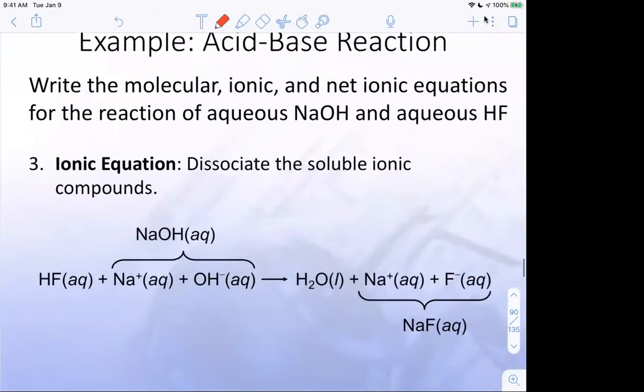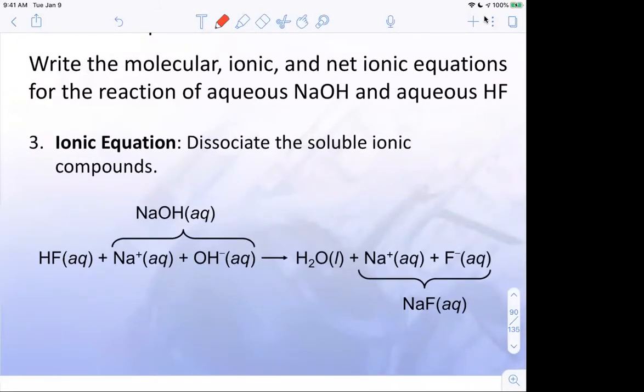Here's a tricky part. Remember, this is a weak acid, so it is a weak electrolyte. So in the ionic equation, this is actually the substance that you see. Sodium hydroxide is a strong electrolyte.